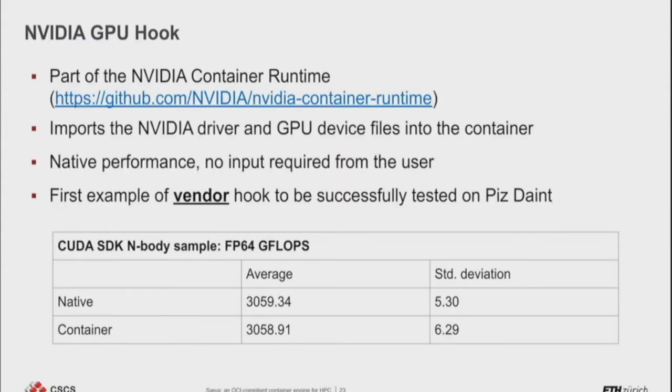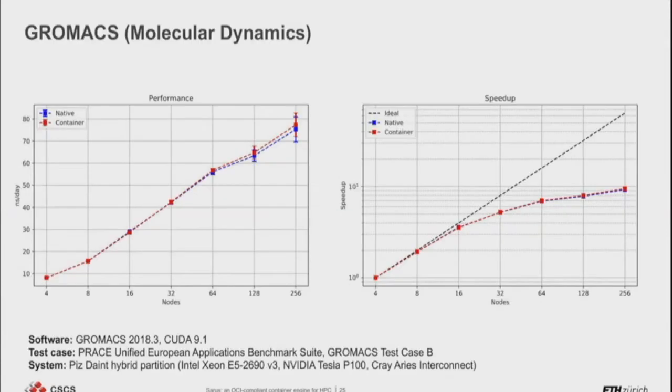Okay, now that we know that these hooks work and do what we want them to do, let's tackle some more interesting challenges. First, some real-world HPC applications. For example, GROMACS for molecular dynamics. This is a test case from PRACE's Unified European Benchmark Suite with GROMACS 2018.